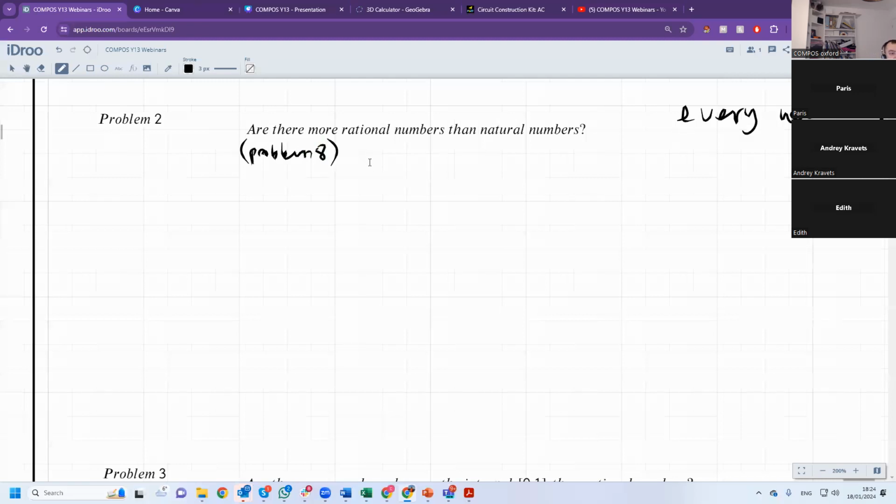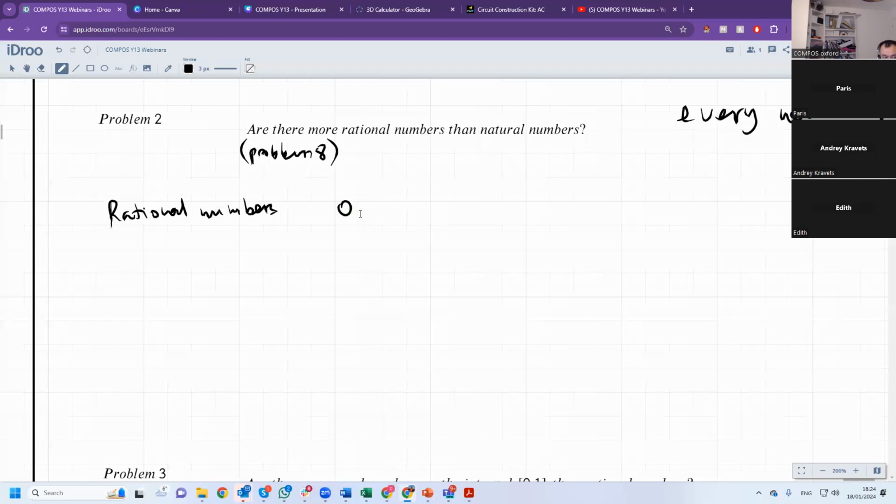Problem 8 in the assignment. Are there more rational numbers than natural numbers? Well, the rational numbers, there's a lot of them.